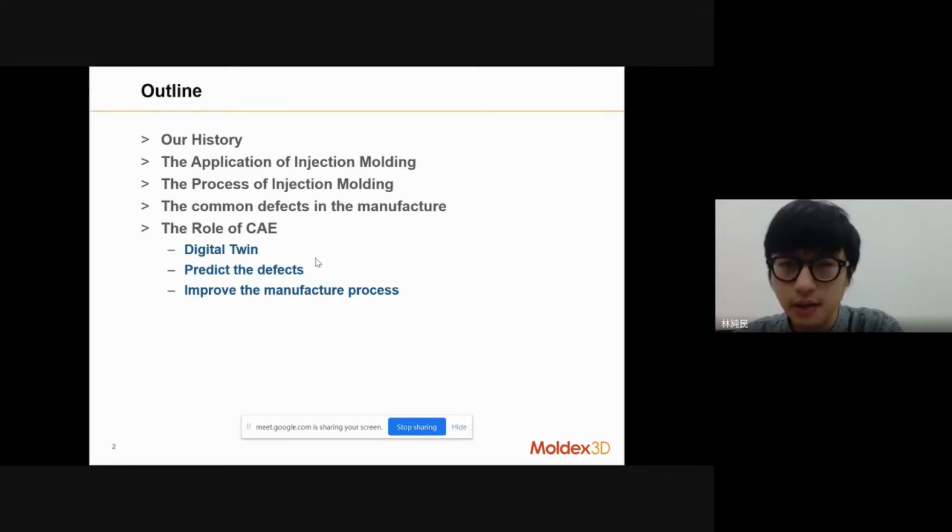So before we fly to the sky, we can operate it by simulation. So it's like a digital twin. Basically, it is almost the same thing, but we do not do it in the real way. We just simulate it. After we get familiar with this, when we want to do it in the real situation, we already know how to do it. So the role of CAE is like that. That's why I say this is like a digital twin. And the feature of our CAE is that it can also predict defects and improve the manufacturing process.